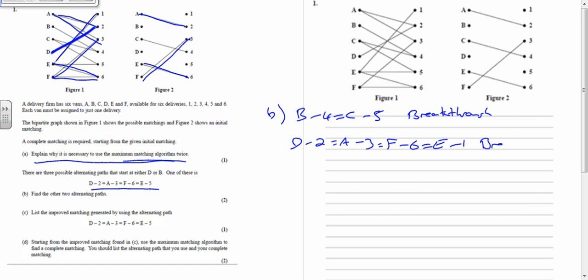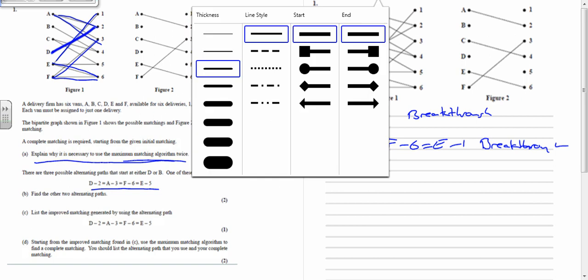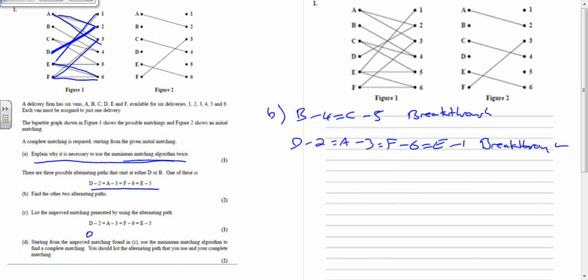So, breakthrough. Let's see improved matching generator used in the alternating path, this one here. So what they've got now, you've got to be careful with this. So what they've done is they've changed the status. So they've now got D equals 2, A equals 3, F equals 6, E equals 5.